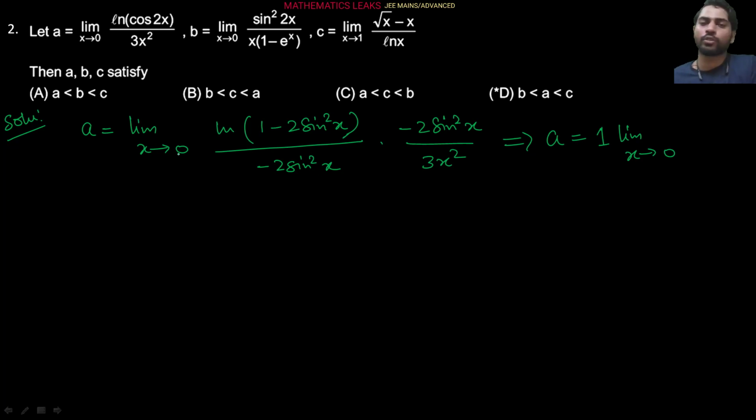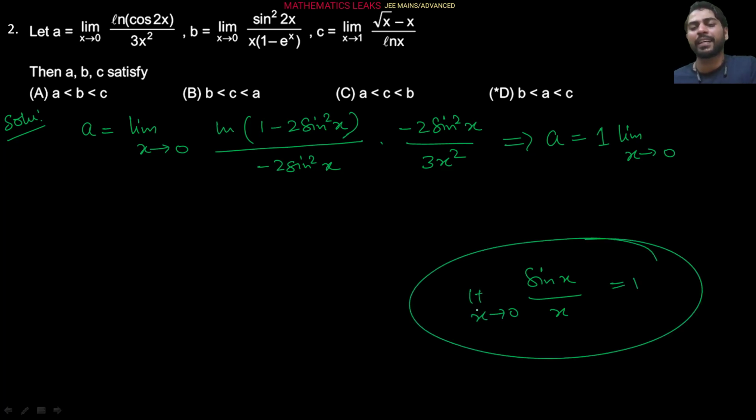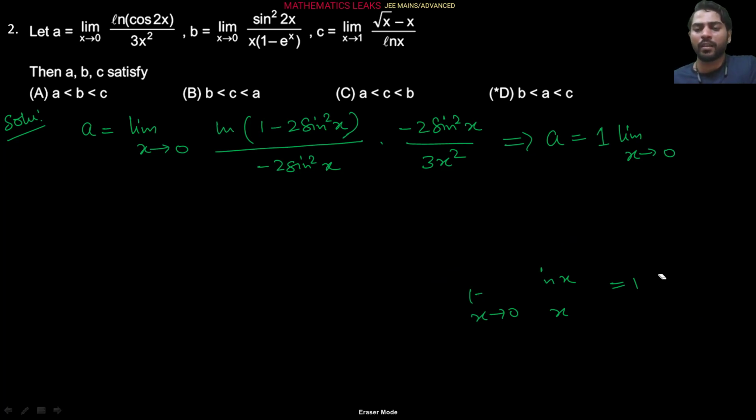So as x tends to 0, sin x upon x, already I said it is also a frequently used limit. When limit x tends to 0, that is equal to 1 only, correct? So here this sin square x upon x square is 1 only, correct? So no need of mentioning this, directly we can write down this part is becoming 1 and this part is becoming minus 2 by 3 into 1. So minus 2 by 3 into 1 we can write down completely, right?